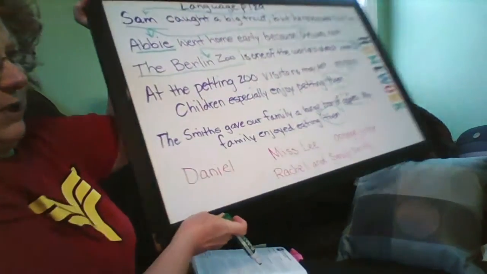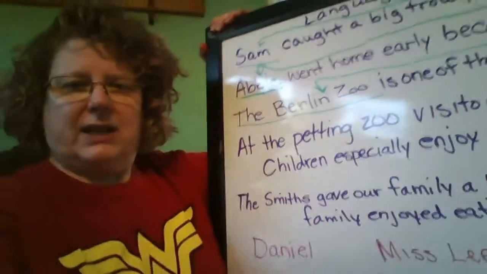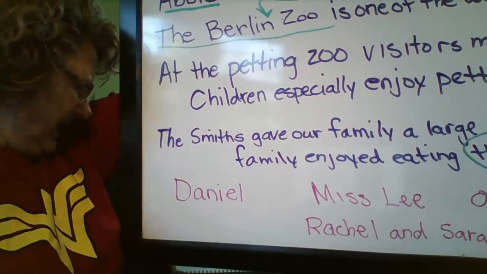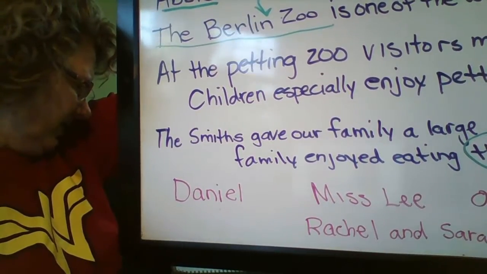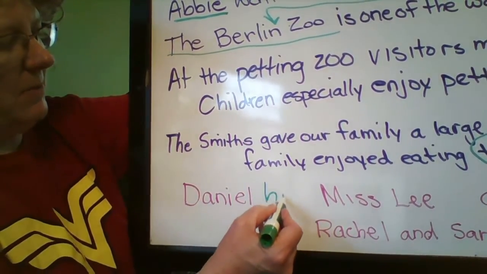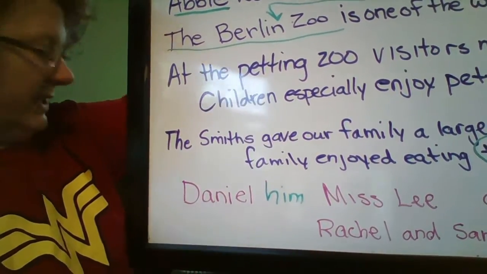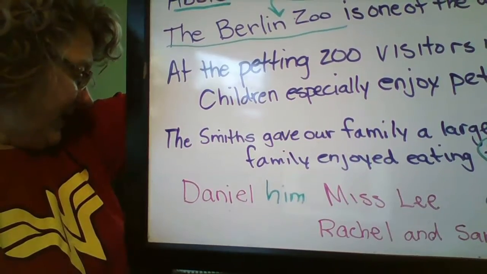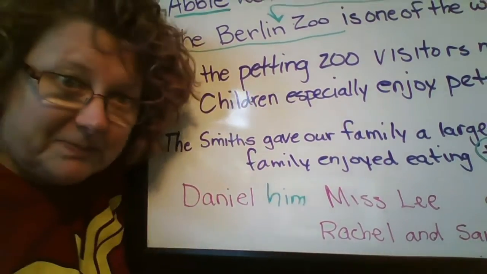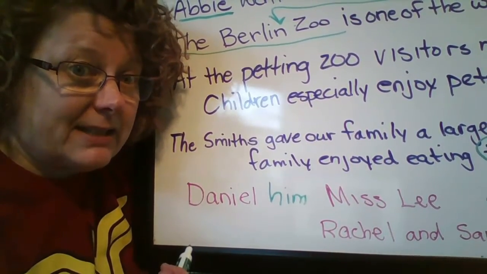I think the first few are pretty easy because Daniel's a boy, so instead of saying, Mom asked Daniel to shovel the sidewalk, I would say, Mom asked him. Now remember, Daniel could be a he, but I wouldn't say Mom asked he to shovel the sidewalk. So once you put your word in, make sure that the sentence makes sense.